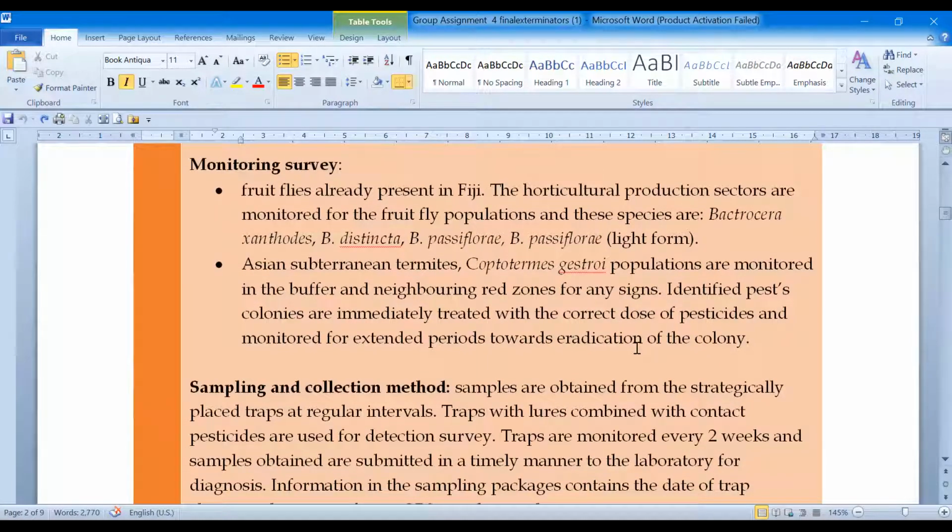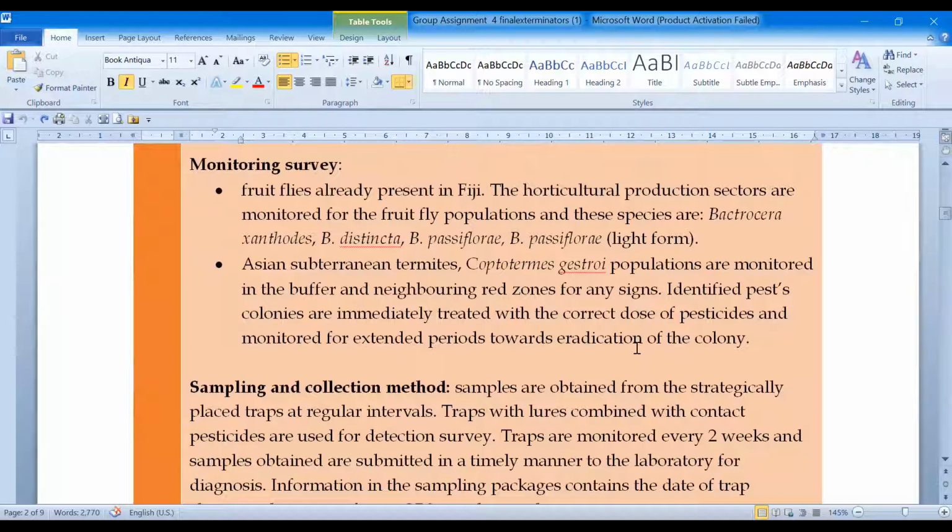And then the monitoring of the fruit flies already present in Fiji. So the horticultural production sectors are monitored for the fruit fly populations, and these species that we know are already there, those are the Bactrocera and the other pests that are listed there.